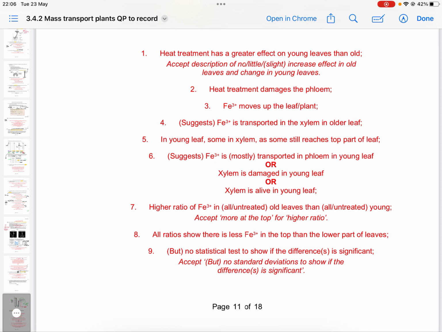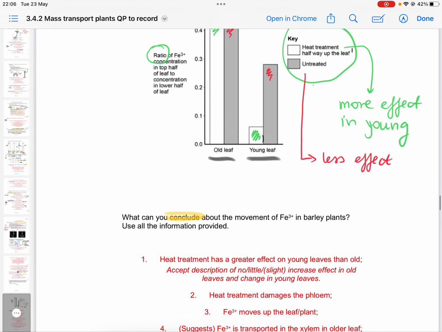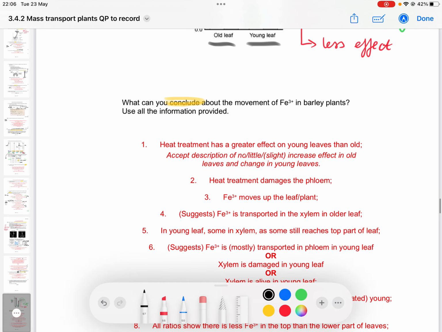So, let's have a look then at what we've got as a proposed conclusion. So heat treatment has a greater effect on young leaves than old. Well, we've seen that here clearly with the table, so we can tick that. We are happy. So heat treatment damages the phloem. And if we look at that, obviously, it is the case because that's how the substances would be transported.